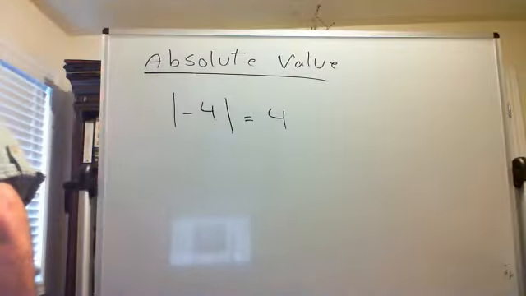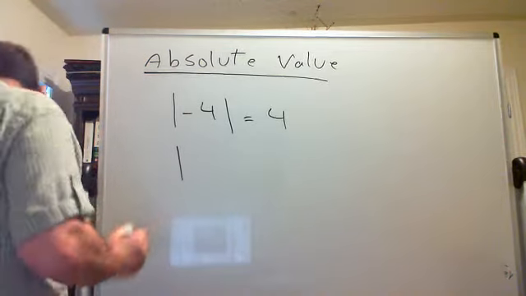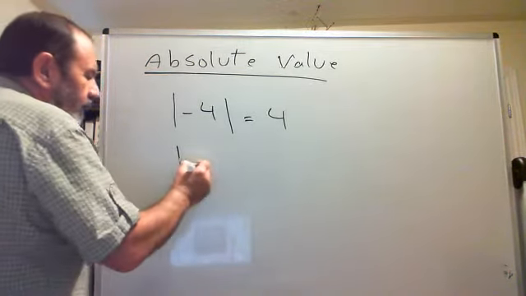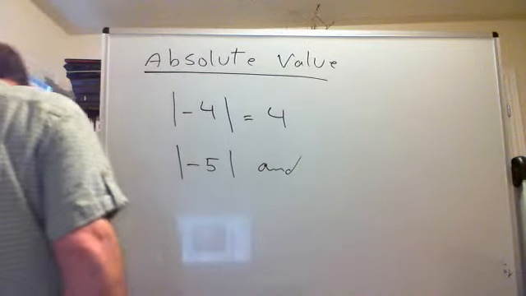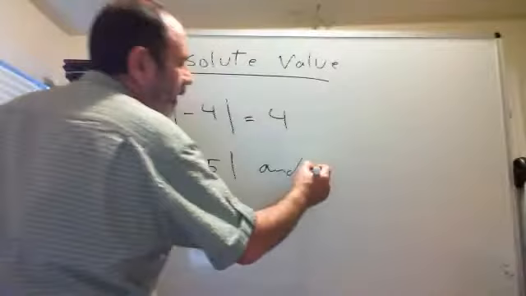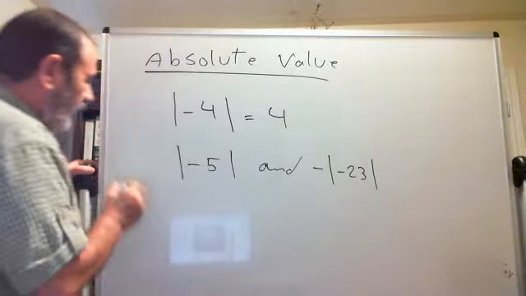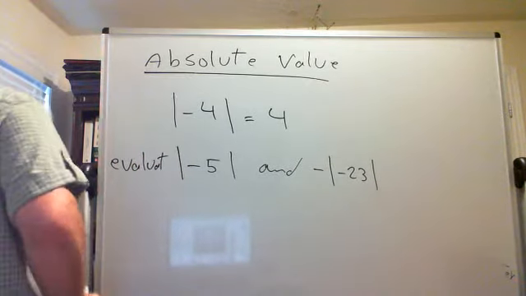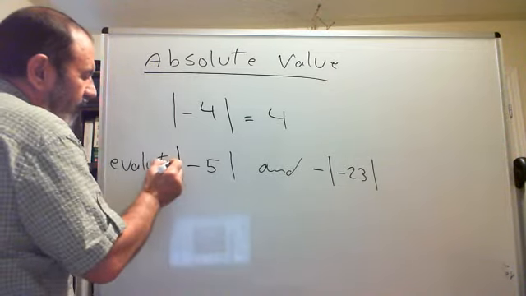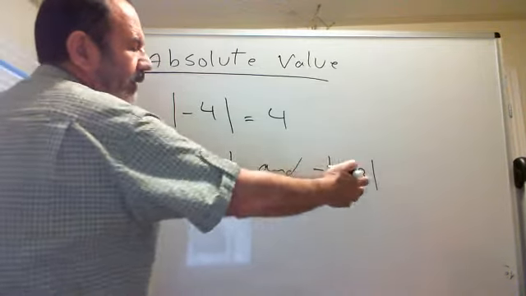The other example, the question is asking to evaluate negative absolute value of negative 5 and negative absolute value of negative 23. The question is asking to evaluate the absolute value of negative 5 and negative 23.